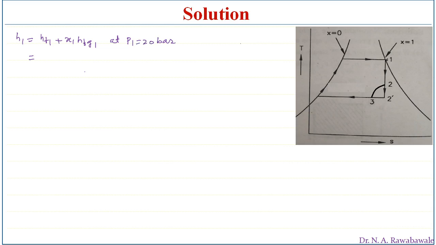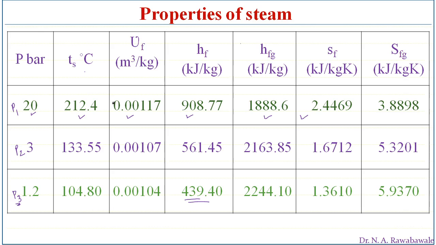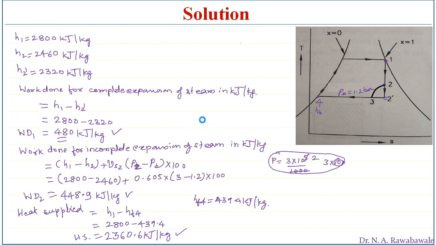So at point 1, the pressure P1 is 20 bar and the dryness fraction X is equal to 1. So HF1 and HFG1 can be taken from the steam table directly. The X1 value is given. So from the steam table, at 20 bar, HF1 is 908.77.